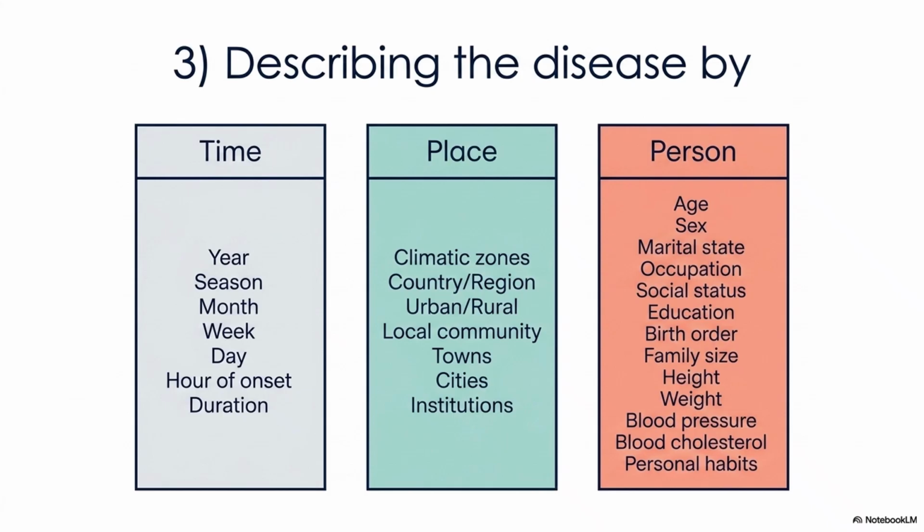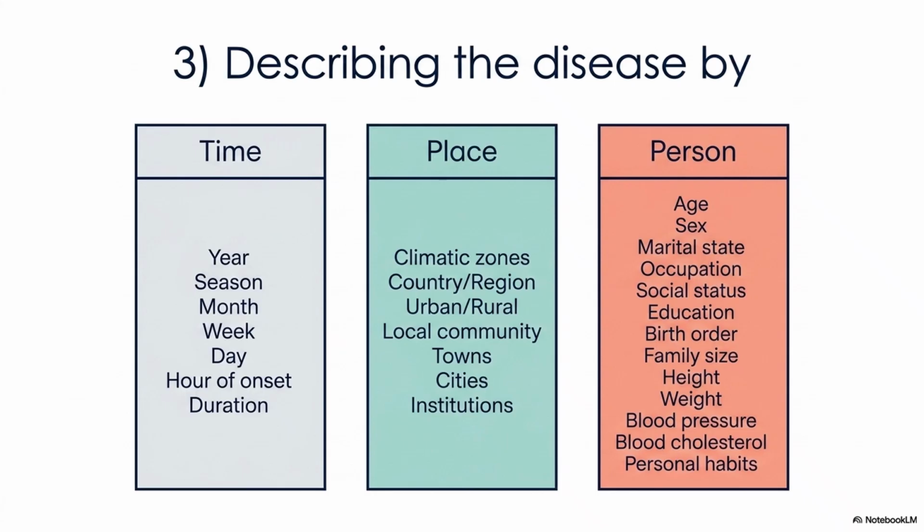Which occupation group is more affected, which socio-economic status group is more affected, whether low or higher socio-economic classes. Whether uneducated or educated people are affected more. Which birth order it is affecting more, like firstborn children or higher birth orders like third, fourth. Family size, whether small or large families are more affected. And which height group and which weight group persons are affected.